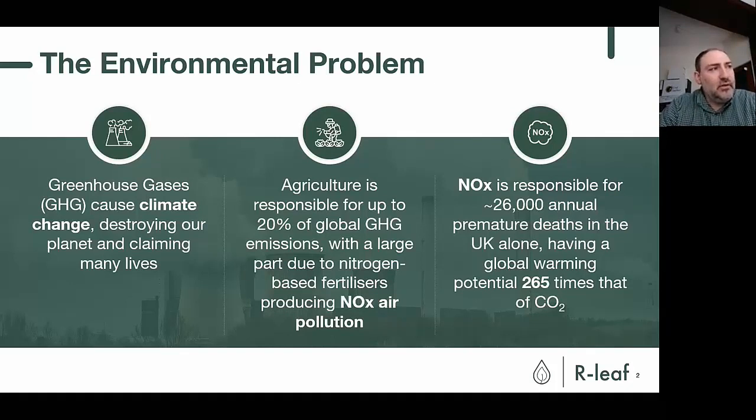Agriculture, having been a heavy user of nitrogen fertilizers and continuing to be, is responsible globally for 20% of the greenhouse gases produced. Of those 20%, 70% is nitrous oxide, directly linked to nitrogen. When you apply nitrogen fertilizers in any form to the soil, the bacteria will break it down and produce nitrous oxide.